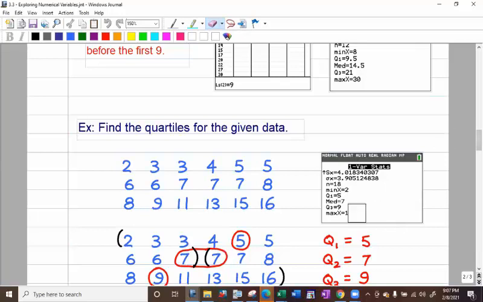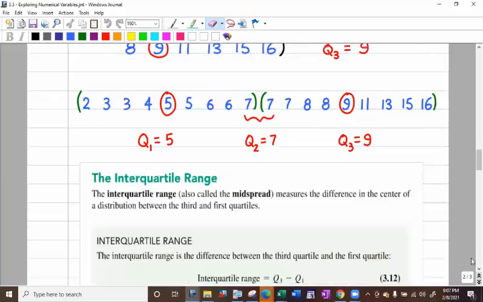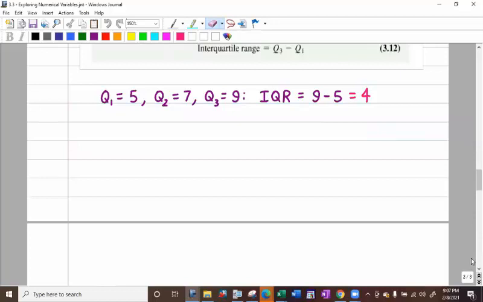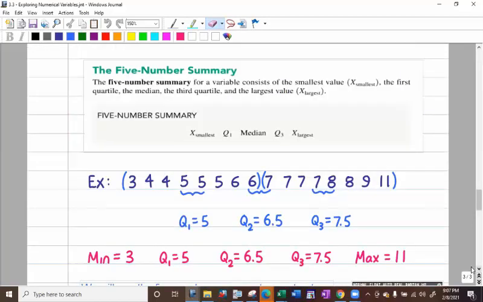On these calculator screens, you can see it lists the minimum value, Q1, the median, Q3, and the max. So if you ever need the entire 5-number summary, you can get it that way. Obviously, once you get the quartiles, it's easy to see the min and the max.